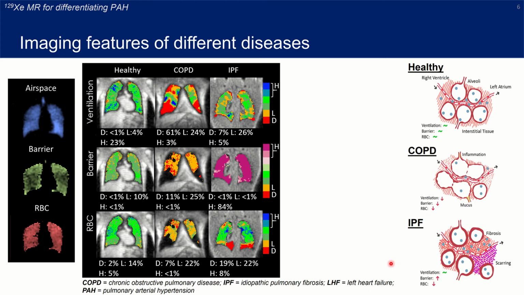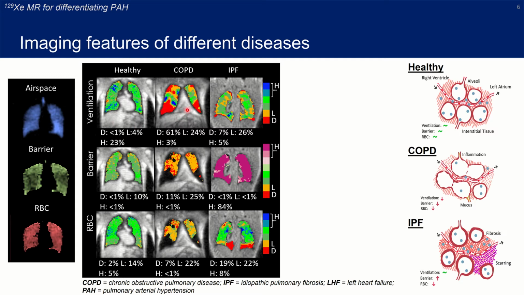So what we, in collaboration with Dr. Driehouse's group at Duke, have been trying to do is see if pulmonary hypertension, the different forms of it, could have different patterns in hyperpolarized xenon imaging. And so, as you can see here, these images are from a healthy cohort of patients, a cohort of patients with COPD, and one with IPF, and they have very different imaging characteristics.